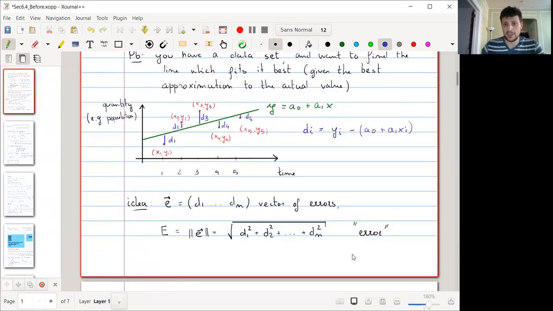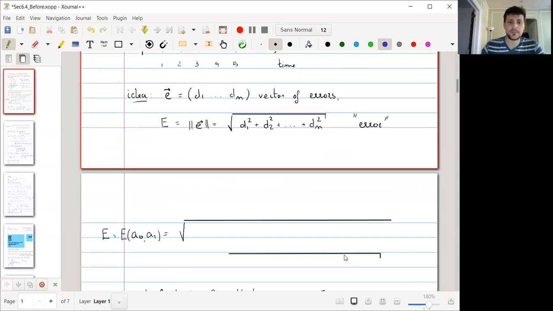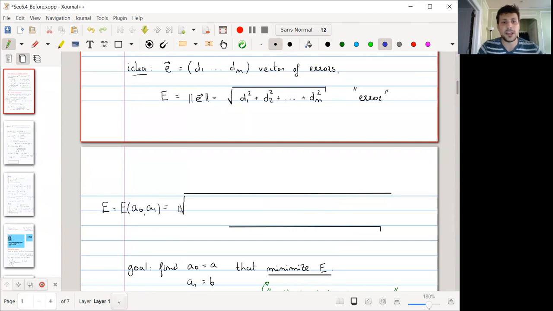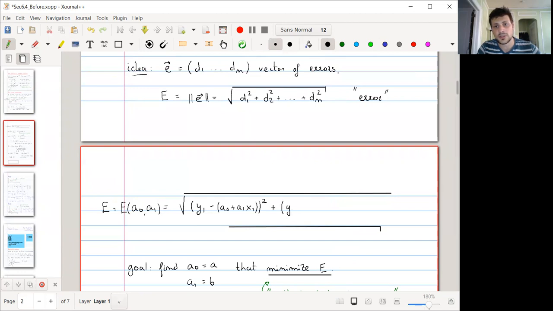And the goal of the problem is that of minimizing E, finding a0 and a1 that minimize E. In fact, E does depend on a0 and a1, because if I explicitly write out what we're doing here, the components of E are (y1 minus (a0 plus a1 x1)) all squared plus (y2 minus (a0 plus a1 x2)) all squared, and so on up until the end.